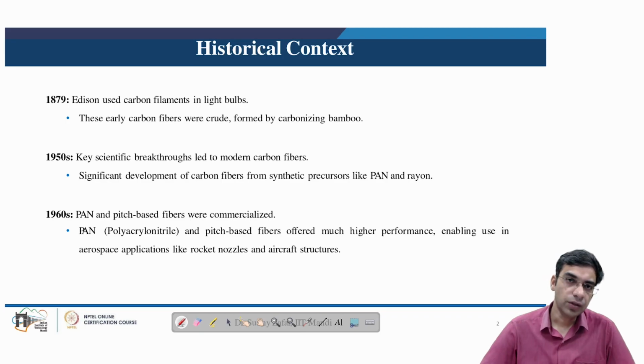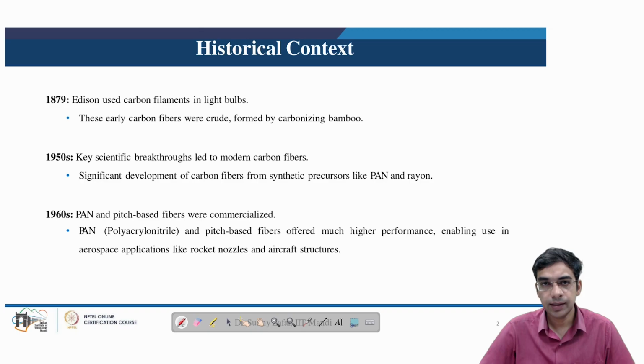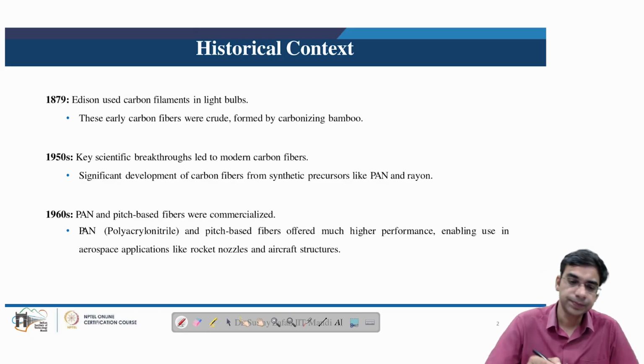Significant development of carbon fibers from synthetic precursors like PAN, that is polyacrylonitrile, and rayon was used. So PAN and pitch based fibers were commercialized in the 1960s, where these fibers offered much higher performance, enabling use in aerospace applications like rocket nozzles and aircraft structures.